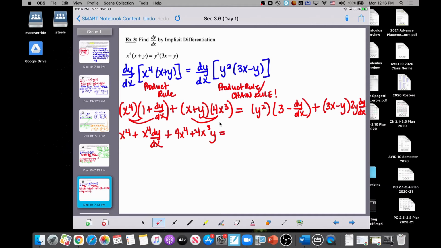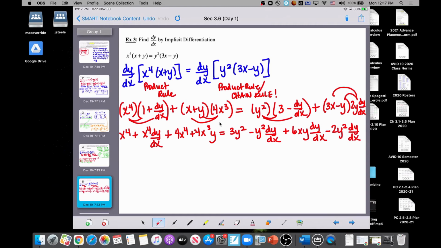This is equal to y squared times 3 is 3y squared, and y squared times negative dy dx is negative y squared dy dx. And then finally, 2y dy dx times 3x is going to be 6xy dy dx. And 2y dy dx times negative y is going to be negative 2y squared dy dx.